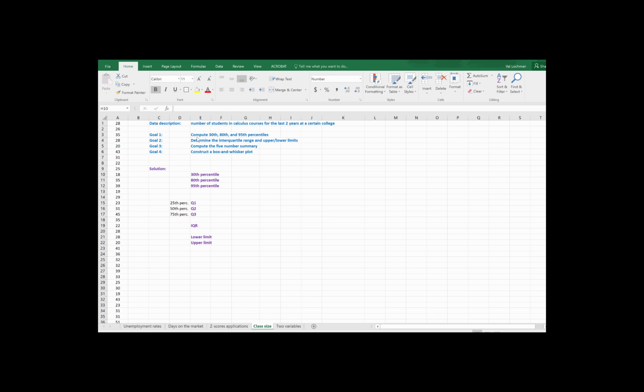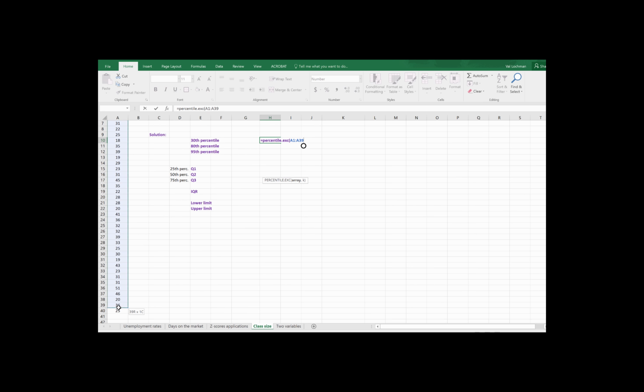So the first one is asking us to compute the percentiles. To do that by hand is actually pretty tedious, but thankfully we don't need to do that by hand with Excel. So for the 30th percentile, we're going to use the command PERCENTILE.EXC. Open the parentheses, and now we need to highlight the data that we would like to work with.